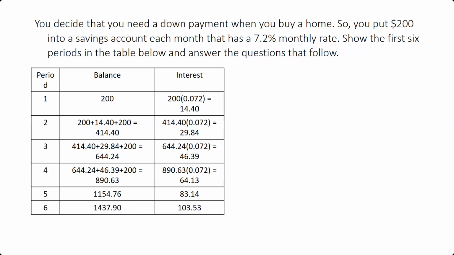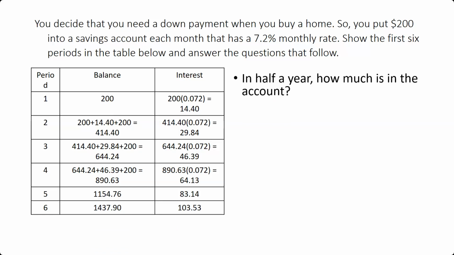Yeah, $103.53, exactly. So what we did was we took the $1,154, added the interest plus the $200 deposit, and that gave us $1,437. And then you make interest on the $1,437, multiply by 0.072, you get 103. Any questions on that?